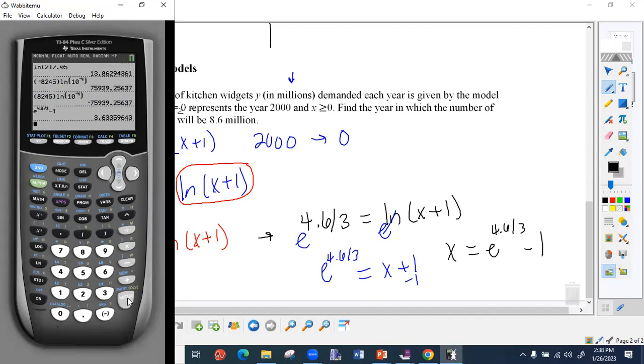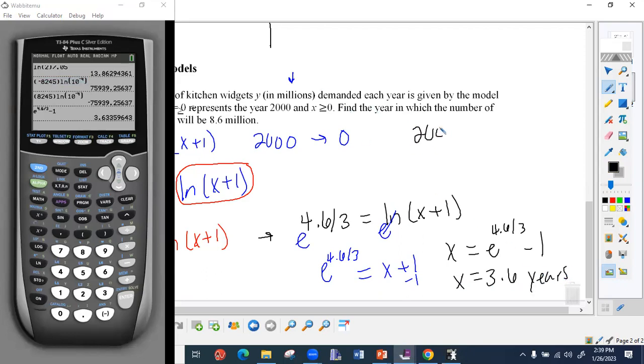I hit enter, and I get approximately 3.6. So x equals about 3.6 years. So what's the year that would be?